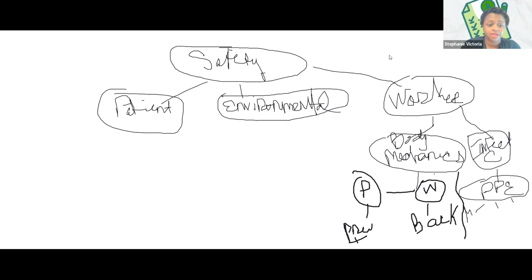Okay, safety, under patient safety, you could put falls, which is a huge topic on the CNA exam. All right, so you should definitely review your falls. Under environmental safety, you can put falls for workers.